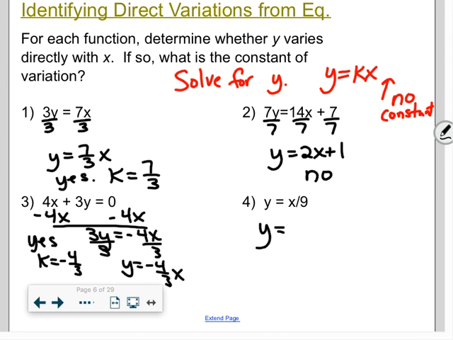Number 4, I would recommend that you rewrite this one. X over 9 is the same thing as 1/9 x, because I think number 4 looks confusing. So this one's yes, and k is 1/9.